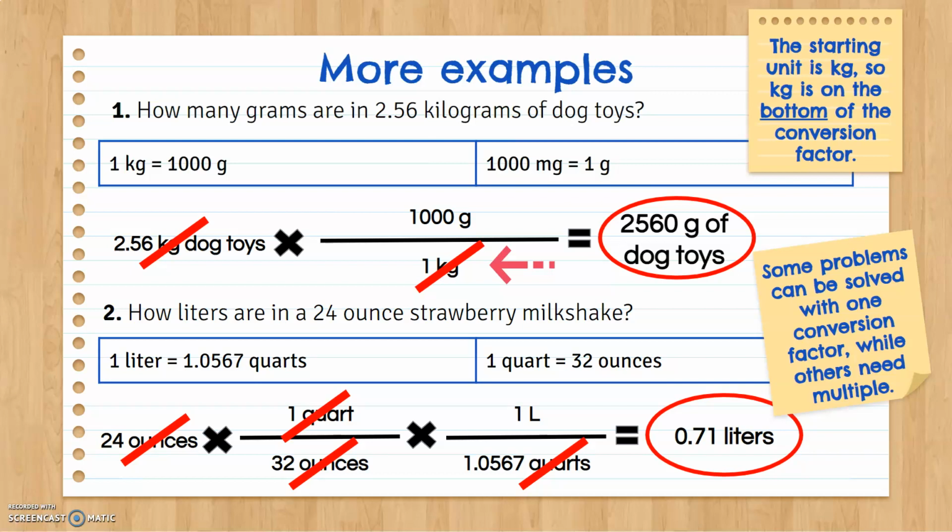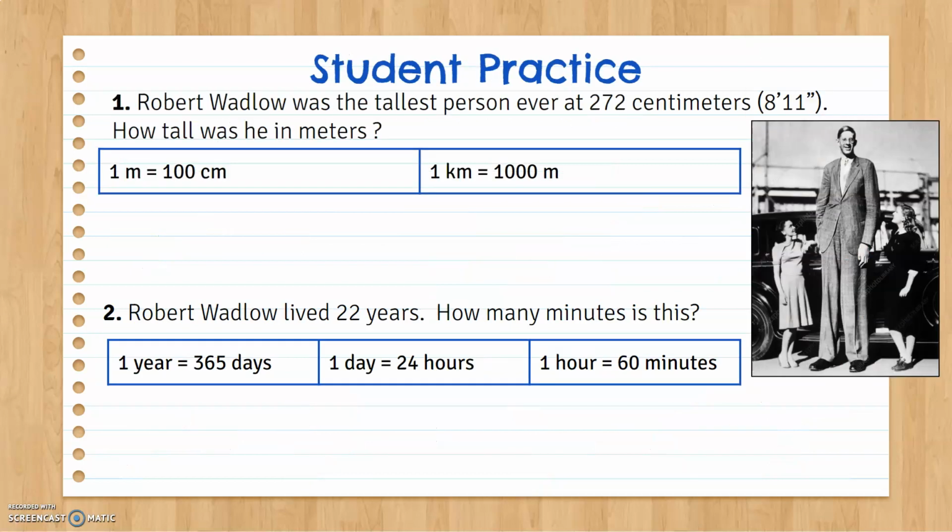All right. Here's a couple for you to try on your own. So I want you to pause the video here, and I want you to try to solve these on your own. This is your student practice. And so we've got a couple of problems here.